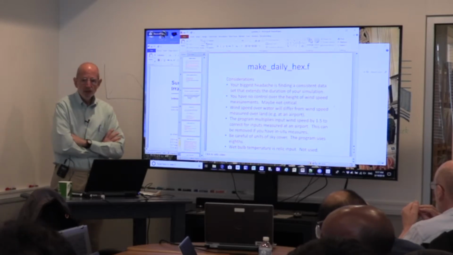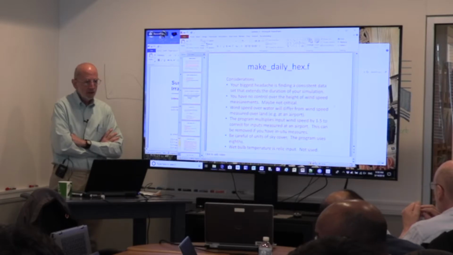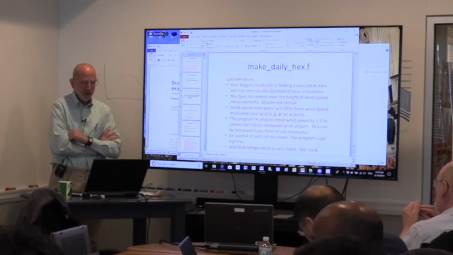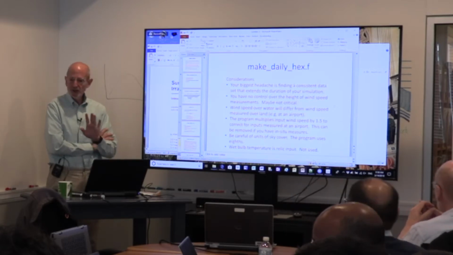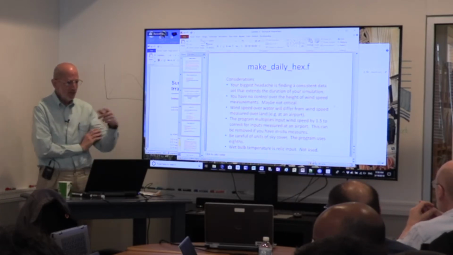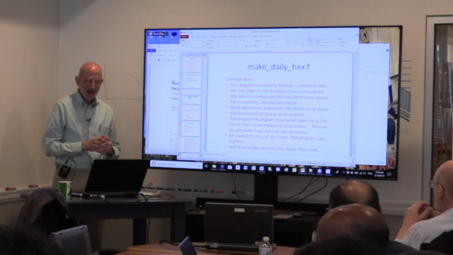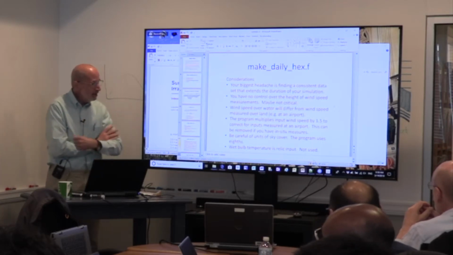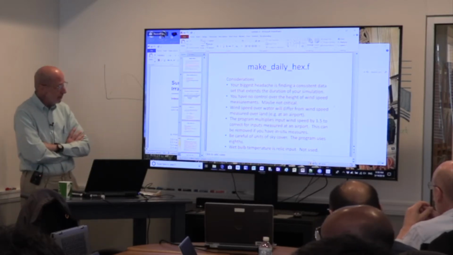And I could actually look at the model and see something's different, because he used a very different wind speed, and I could see that things were different. And Richard and I have gone back and forth. So it's really a pain in the neck to get a consistent data set.